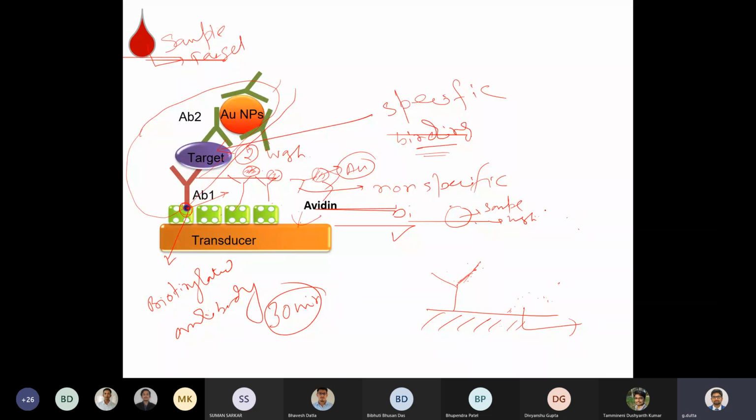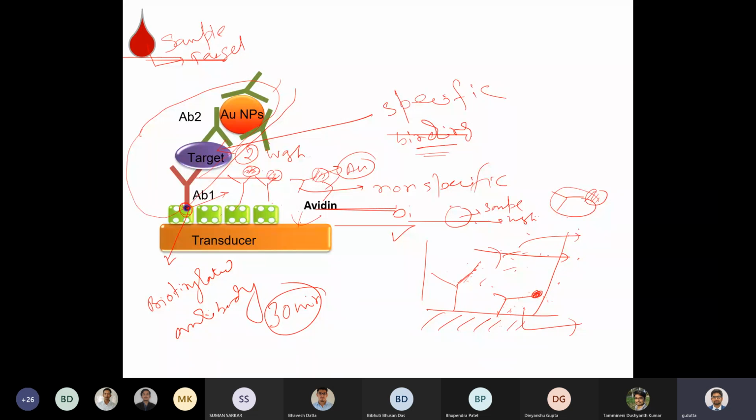Then in your last step, you are adding an antibody that is gold conjugated. When you add this, on the surface it will be here and there, but you need washing. Then only this will go out from the surface. So you wash, then it will go out. But somehow, if it stays here, although we are thinking this is background because there is no target, the secondary antibody has already bound non-specifically on your surface.